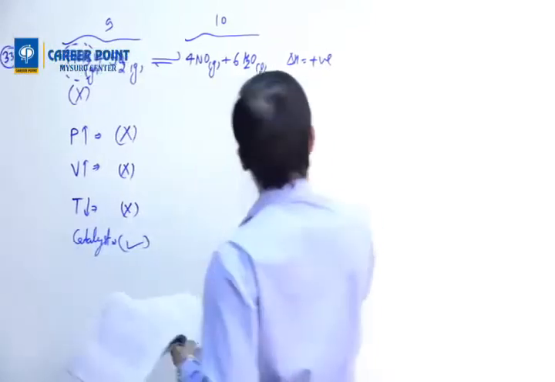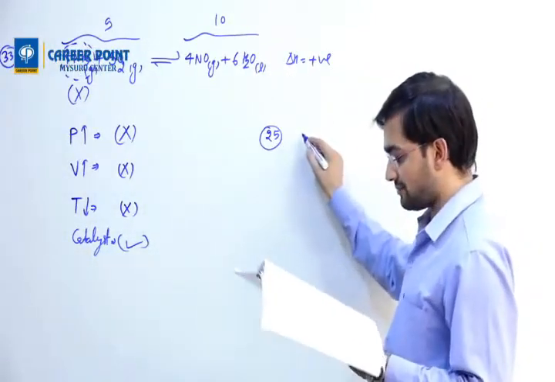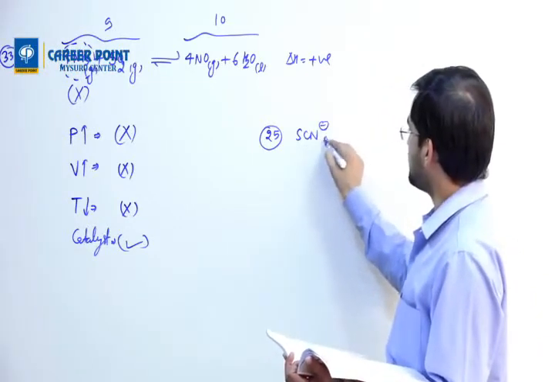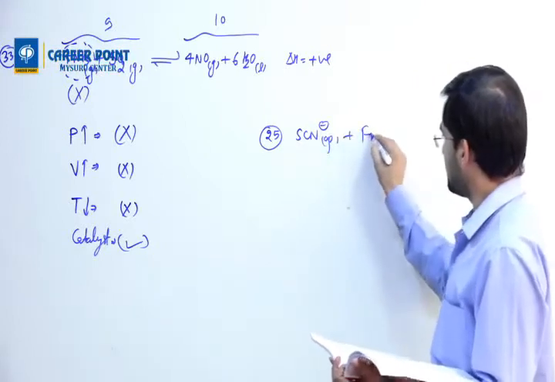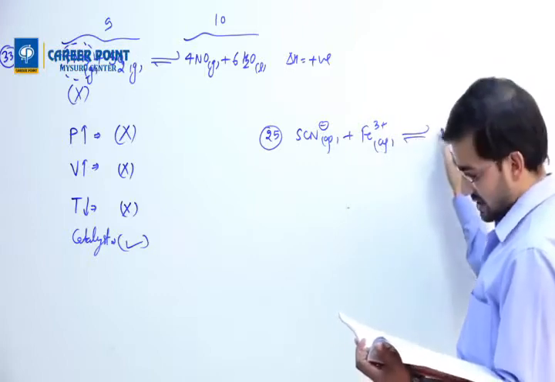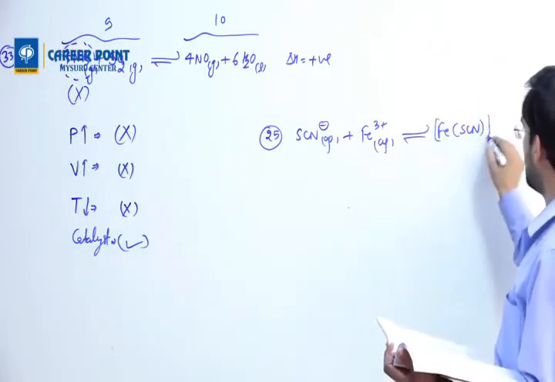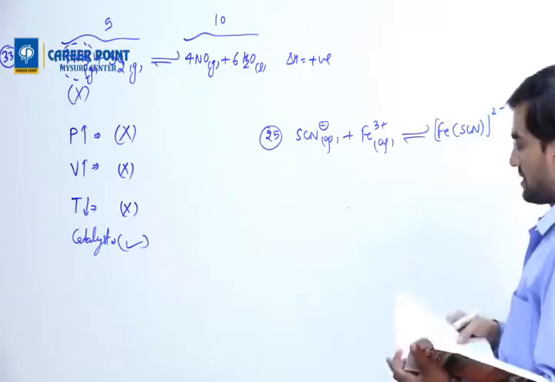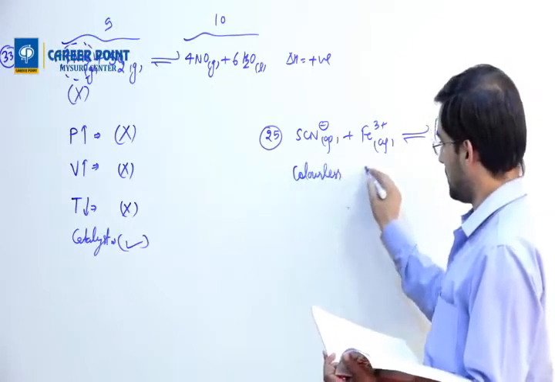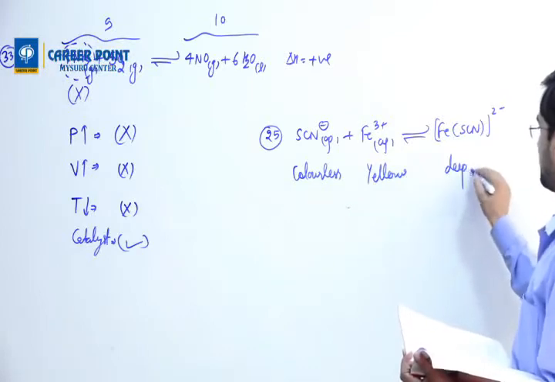So the reaction is SCN minus aqueous plus Fe3 plus aqueous, in equilibrium with FeSCN 2 plus. SCN minus is colorless, Fe3 plus is yellow, and the product is deep red.